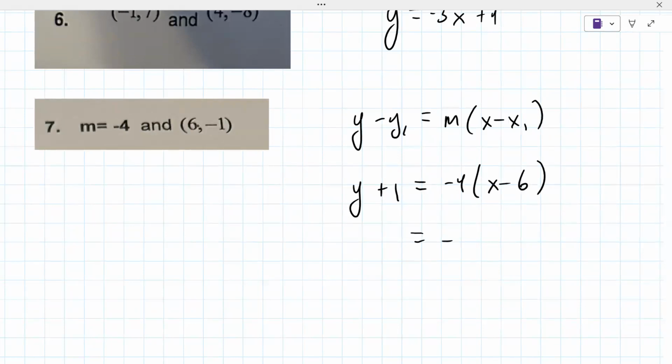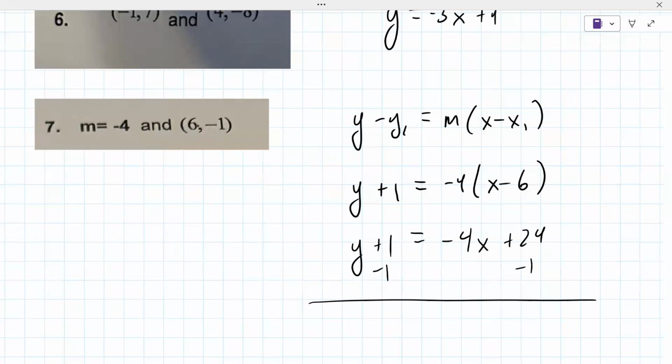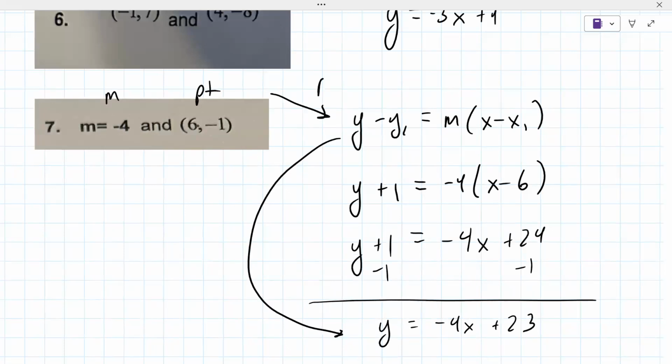You distribute in on the right, -4x plus 24. You subtract 1 from both sides, and you get y equals -4x plus 23. Okay. So that's preferred when they give you a slope and a point, point slope form, then the slope-intercept form.